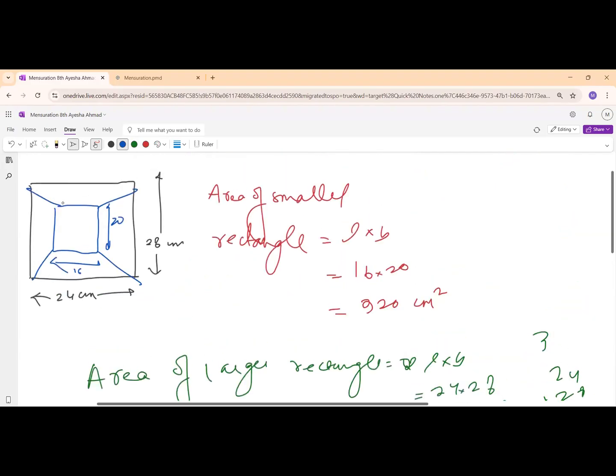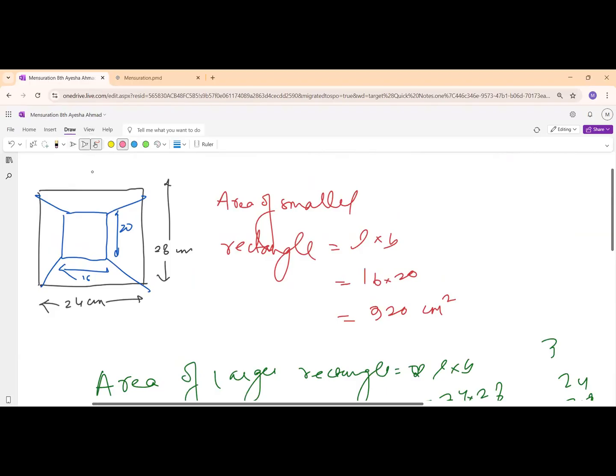Because see, this is the total area. This was the total area, right? If I subtract the area of this part, now see how much is the pink part left, the outer part, right?